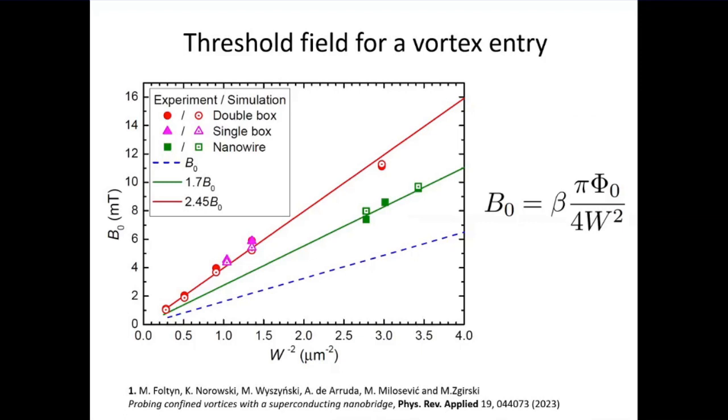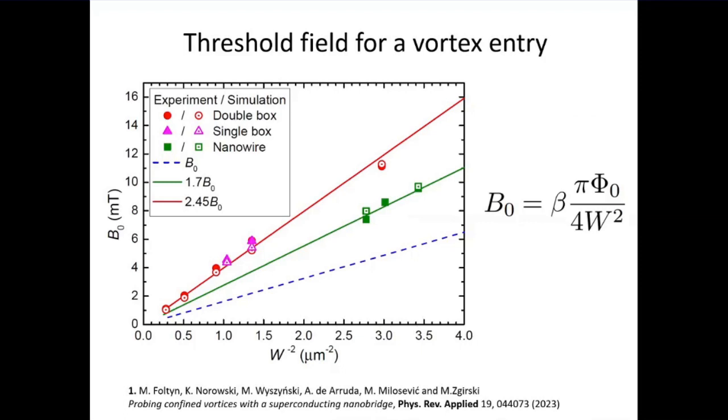It tells you that when the flux threading the box, this square, approaches phi naught, this quantized unit of magnetic flux, h over 2e, then it's actually more favorable for the vortex to enter, and it appears in the box. So it arises as a compromise between the Meissner state and the normal state.